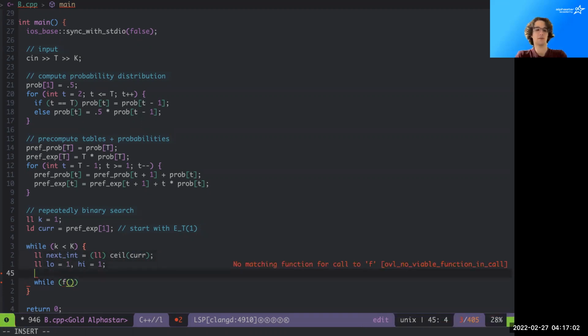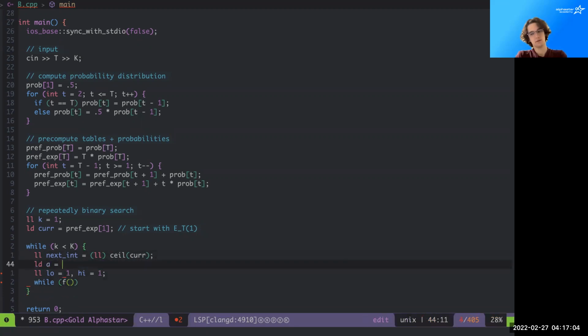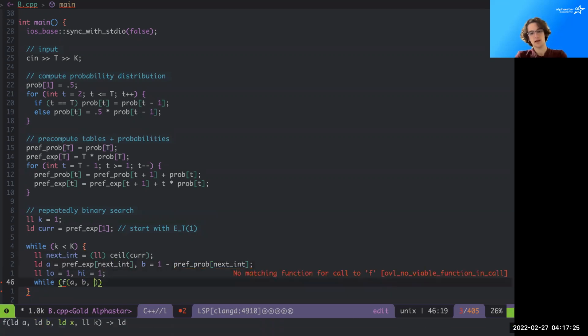So, okay, what was A in this case? A was just the prefix expected value, so that's all the ones greater than the expected value. And B is 1 minus prefix probability. So probably you're not greater than A, B.